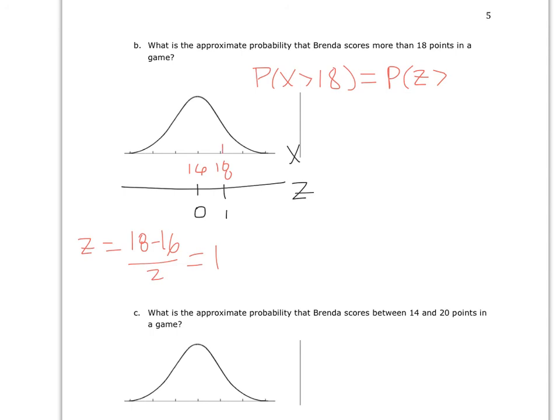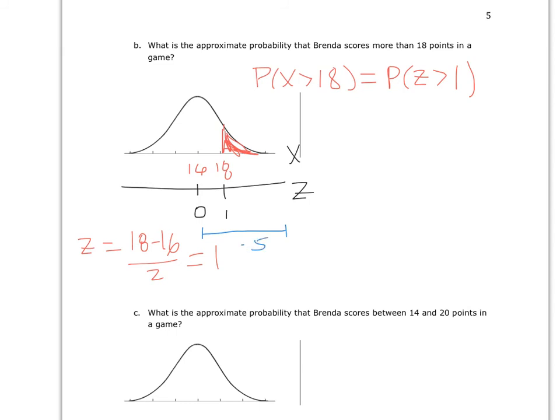The probability we're looking for is the area everything to the right of 18, what we call the tail of the distribution. Now we can fill out our probability. We want the probability that z is greater than 1. This isn't one we can find directly from the empirical rule, but we know that everything to the right of 0 is 0.5.